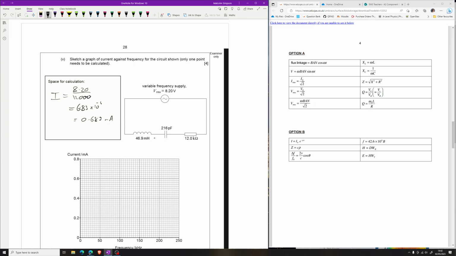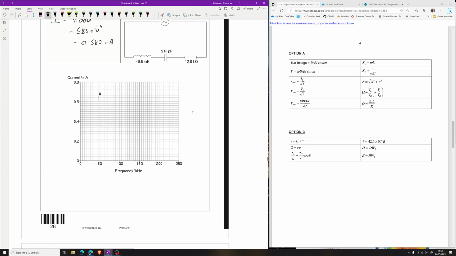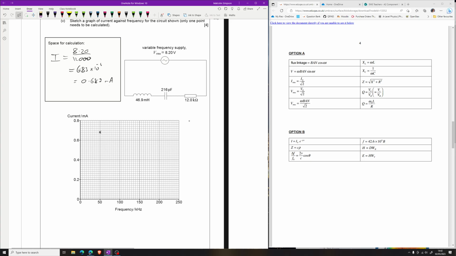So I need to pass through that point. My drawing skills are going to be horrific here. When the frequency is 0, the current will be 0, because if the frequency doesn't change, the capacitor just charges to meet 8.2 volts, and then all current stops. So it is 0 at 0, and then it's going to come up, and oh goodness, that is not great, but I'm hoping I could do better on paper.